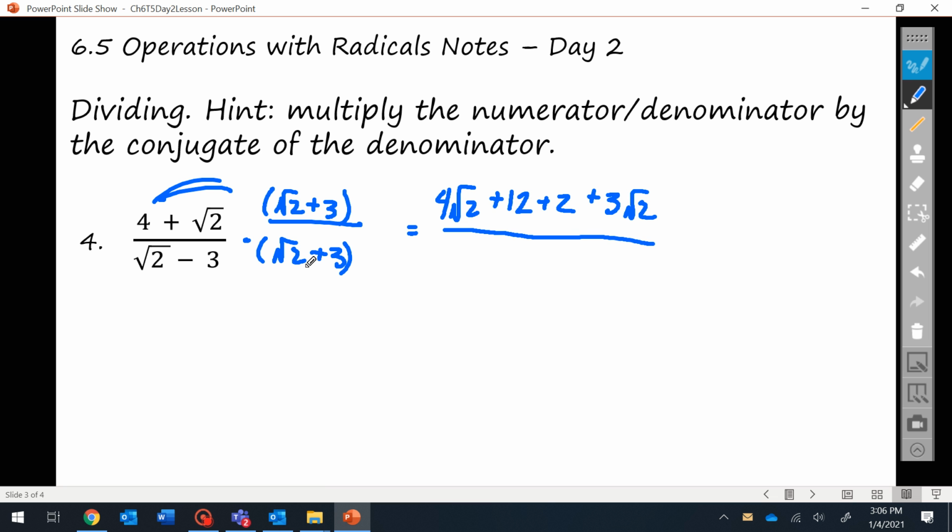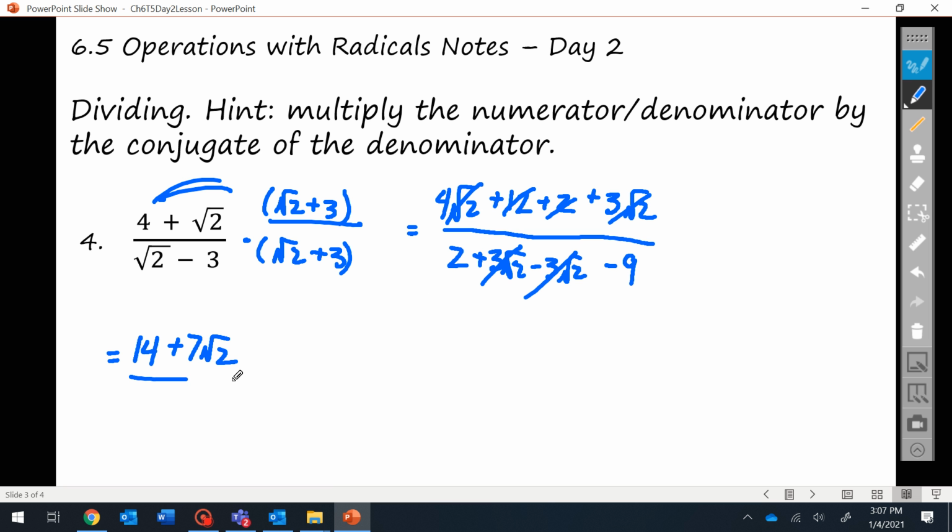The denominator, square root 2 times square root 2, is just 2, plus 3 root 2, because times 3. Negative 3 times root 2 is negative 3 root 2, and negative 3 times 3 is negative 9. Alright, well those cancel. So the numerator, 12 plus 2 is 14, and 4 root 2 plus 3 root 2 is 7 root 2.